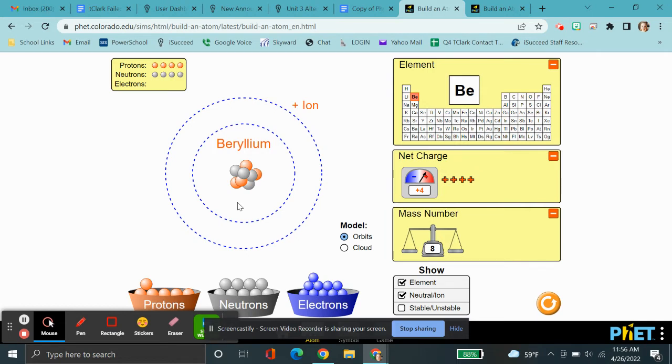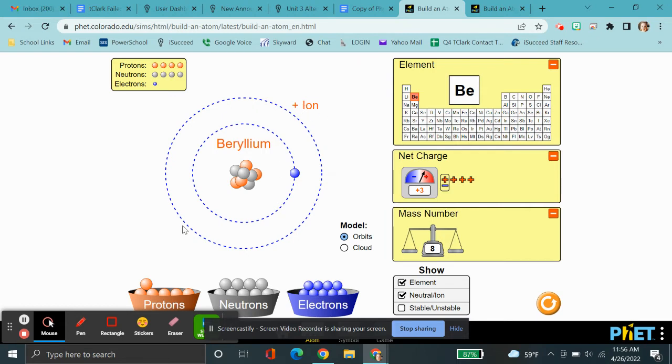Now we're on to number 5. See how fun this is? So we get to play more with the simulation and discover which particles affect the charge of an atom or ion. So you probably observed that when you were playing around.